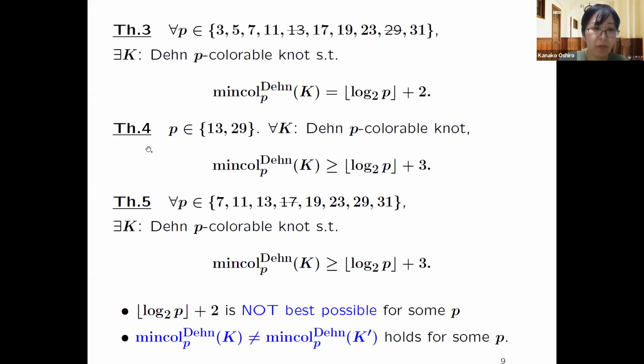From Theorem 4 and Theorem 5, we can see that the floor function of log 2 p plus 2 is not attainable for some p.